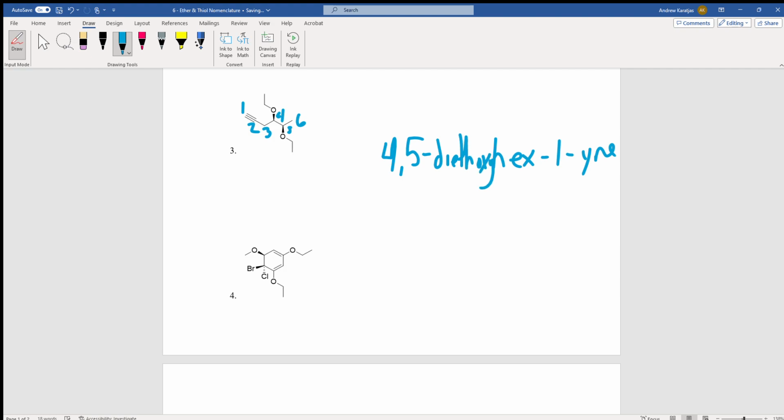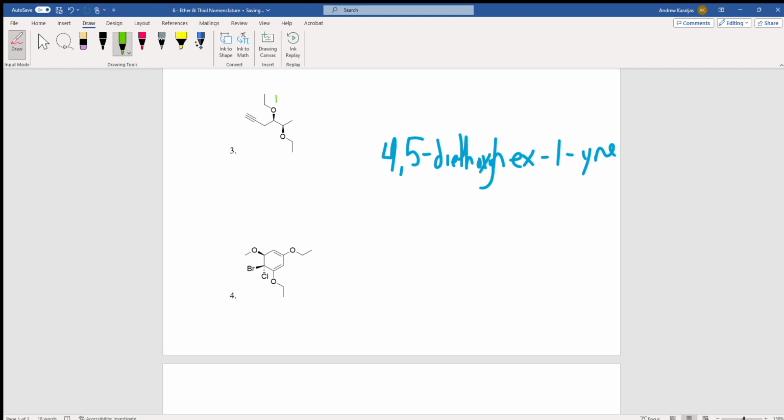Our final step is to determine stereochemistry. And we have two chiral centers in this compound, carbons 4 and 5. And we can see in each case, so for carbon 4, the oxygen has higher priority.